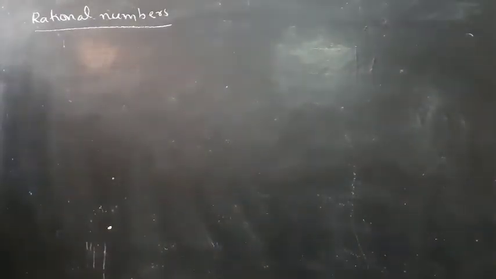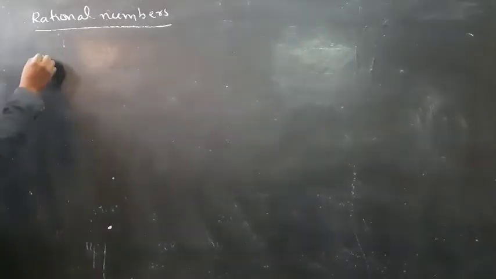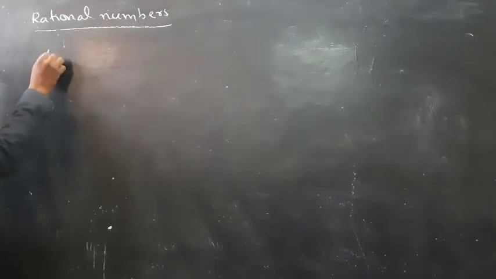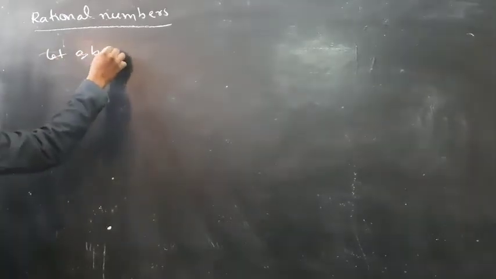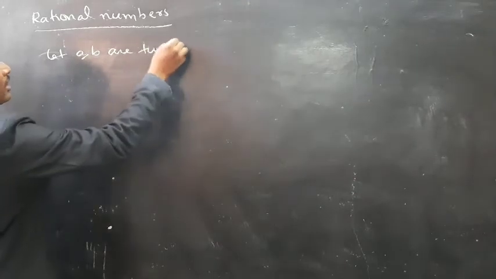Now I am taking rational numbers. Now I am going to check the closure property in rational numbers. Let a, b be two rational numbers.